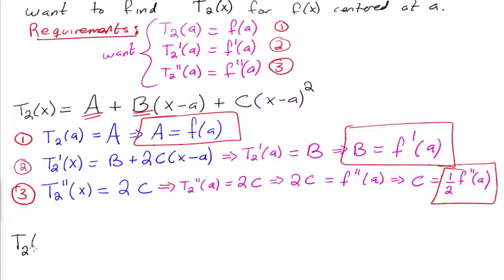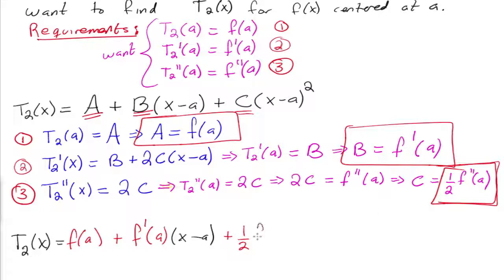So I have T2 of x is equal to, I have this first one, f of a, plus b, which is f prime at a times x minus a, and then plus c, which is this one, one half f double prime at a times x minus a squared.